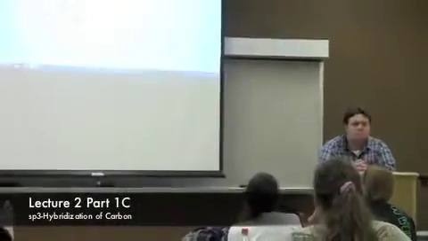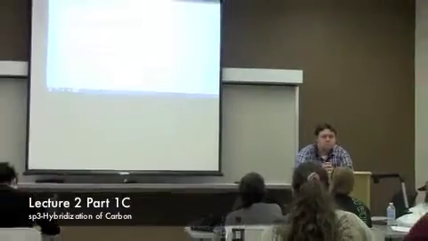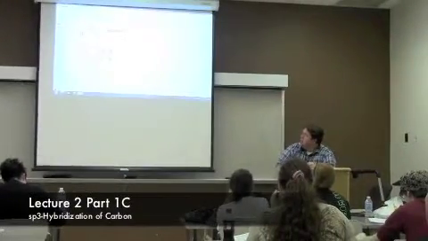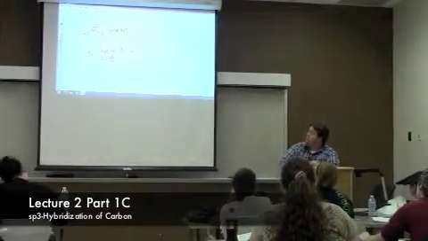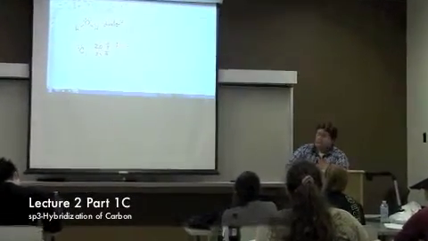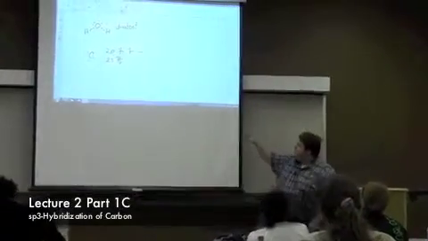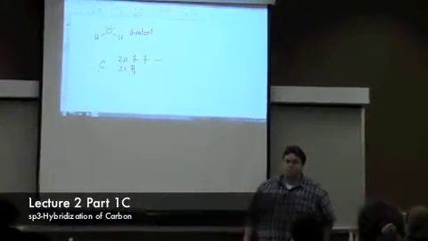Now, based upon what you see up here, based upon the examples that I gave with oxygen and nitrogen, what would you expect the valency of carbon to be? Why? Because there's 4 electrons. Okay, there are 4 electrons that are missing. But how many unpaired? 2.